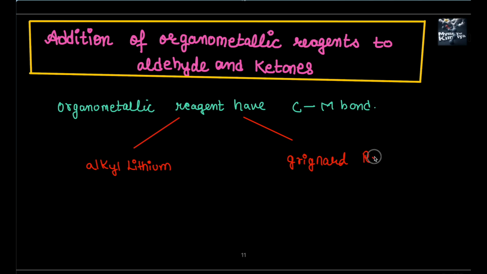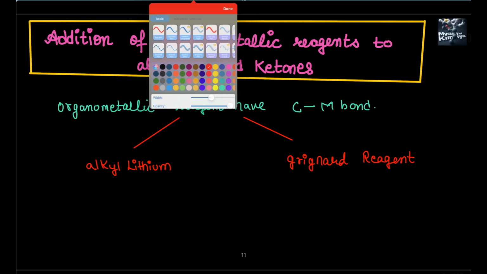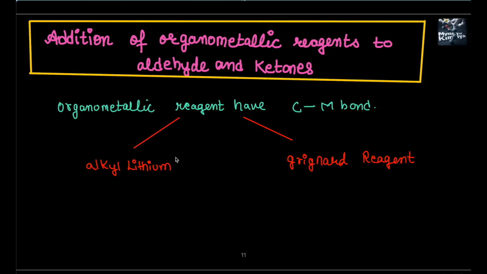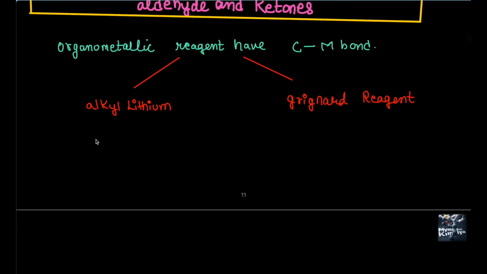Alkyl lithium has a carbon-lithium bond. Grignard reagent has a carbon-magnesium bond.